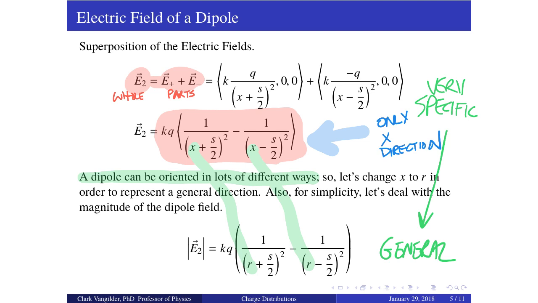Also, important thing is, here's where the constants are. Coulomb's constant is not going to change, and the amount of charge isn't going to change. But the separation distance of the polar ends of this thing could change, and obviously the r distance to the source of the field, that's also something that can change.